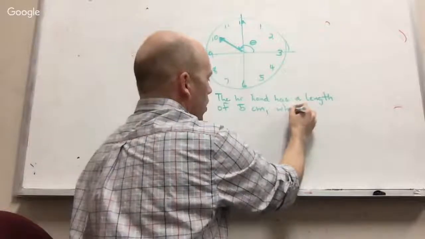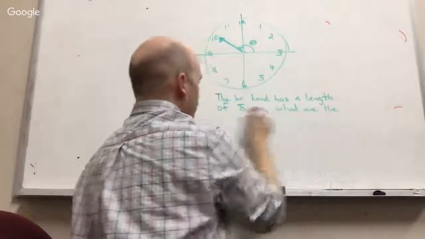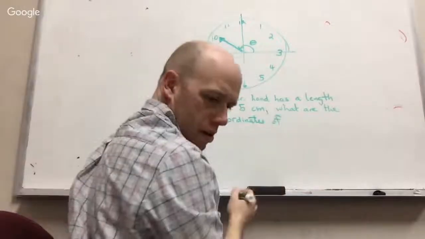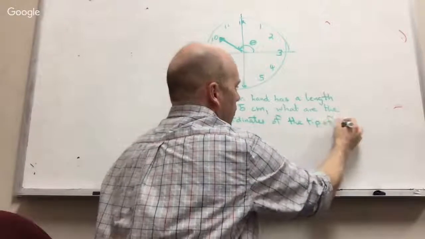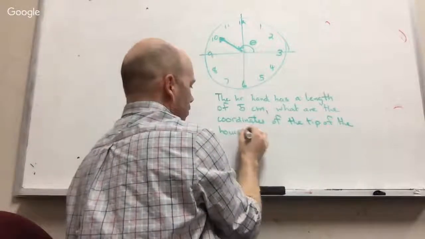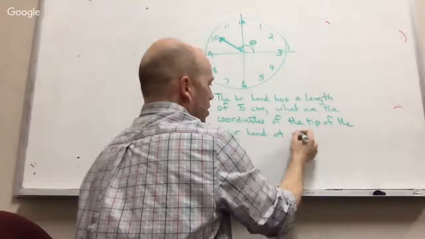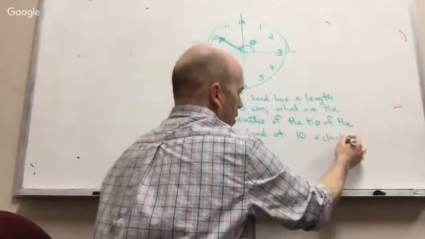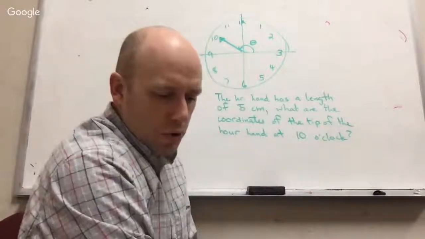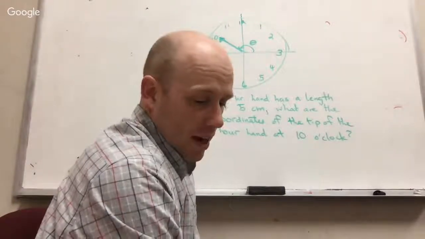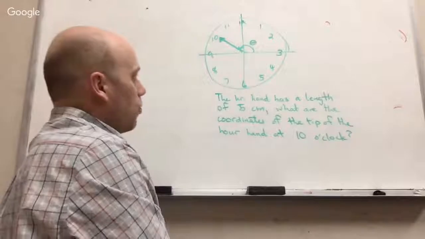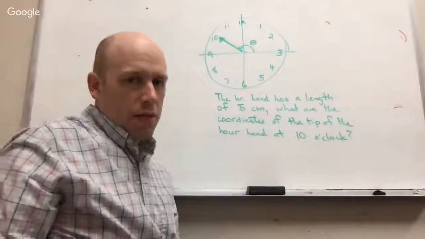It asks, what are the coordinates of the tip of the hour hand at 10 o'clock? And the possible solutions here are all given in terms of sine and cosine. So let me just go ahead and write them down here.